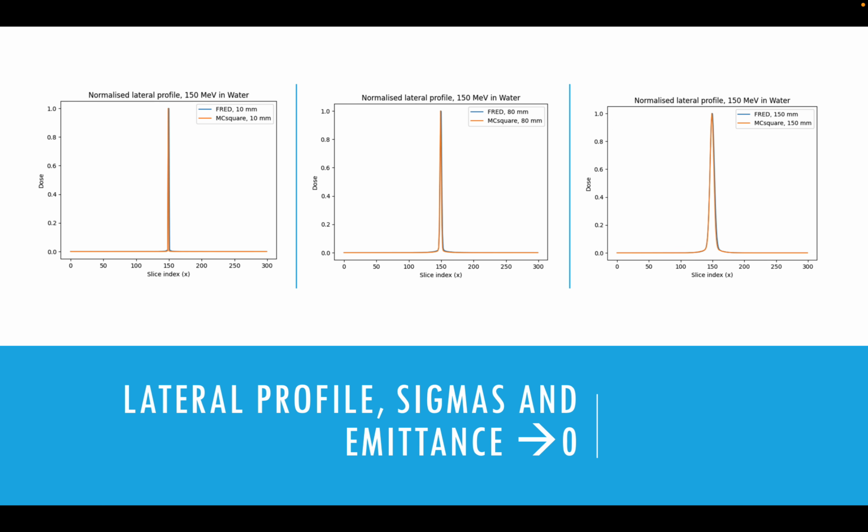For MC square, I cannot put the value of sigma x, which is spot width, and sigma x dash, which is angular divergence, equal to 0, because at some point, I guess, it becomes 1 by 0, which is not allowed by the code. So I have put a small value around 10 to the power minus. The idea is to make it near 0 and make it a point spot. So far so good.